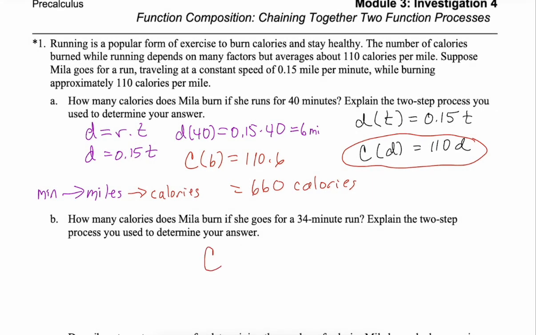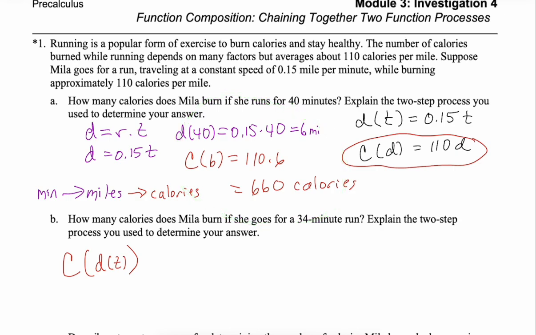I'm going to write that we need to find the calories, and we're going to plug in a distance that started out with a time. Do you see how we've kind of layered it now? So if we use that notation instead, this two-step process will be contained within it.